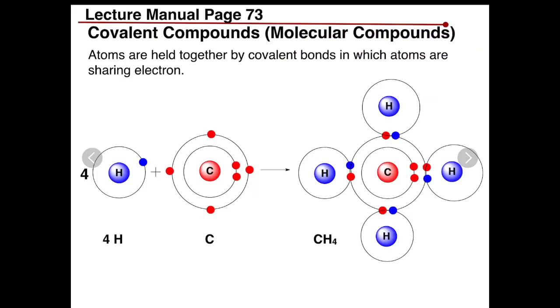As we saw earlier, the covalent compounds are held together by covalent bonds that come from the sharing of electrons between each atom. For example, carbon and each of those hydrogens are sharing electrons in order to achieve the stable electron configuration of noble gases.